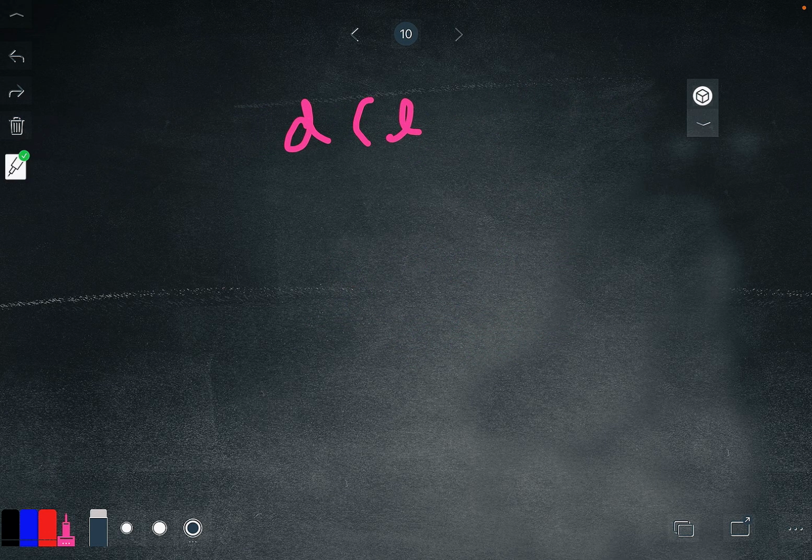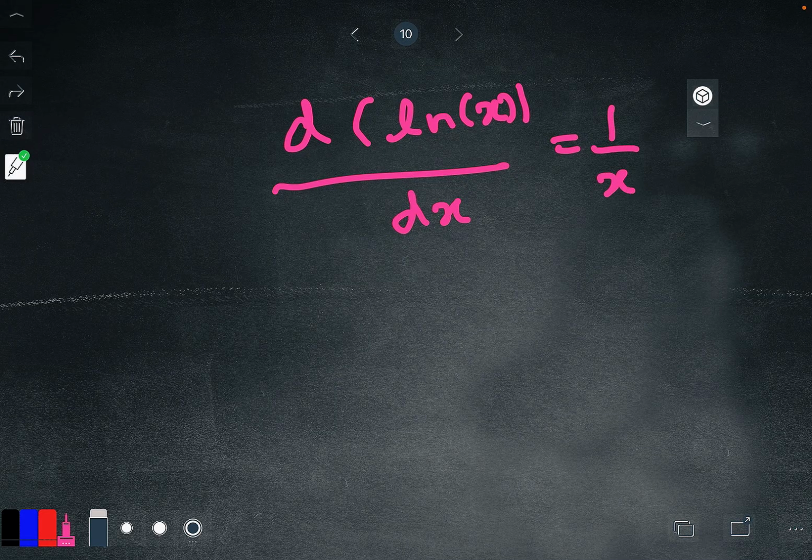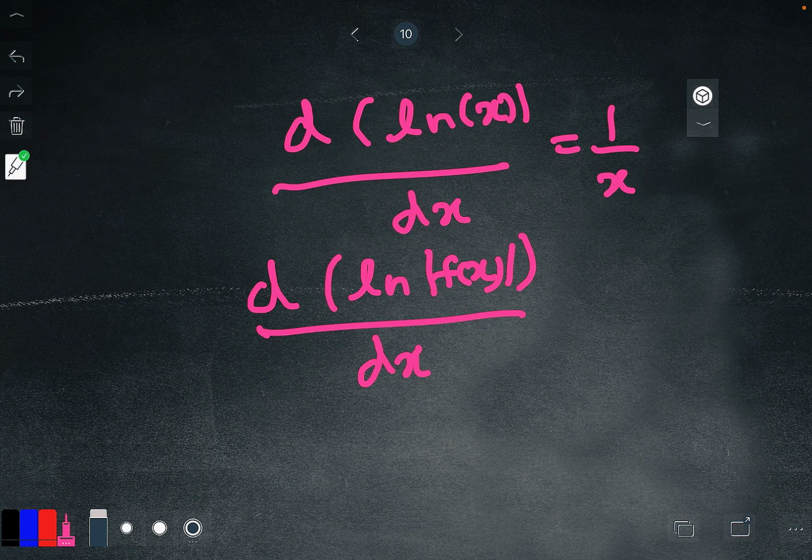You know the differentiation of ln x with respect to x is equal to 1 over x. Now the super important extension is the derivative of ln the modulus of f of x with respect to x is f prime x over f of x.